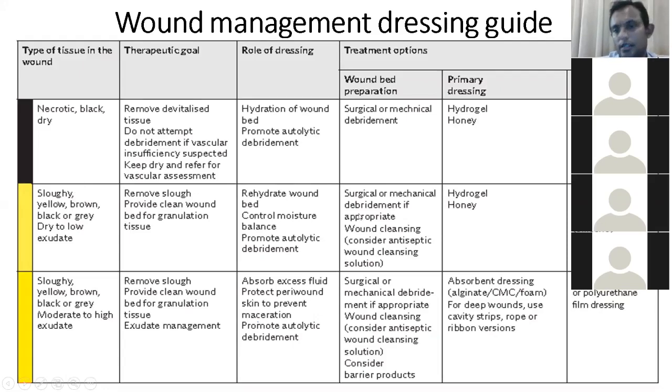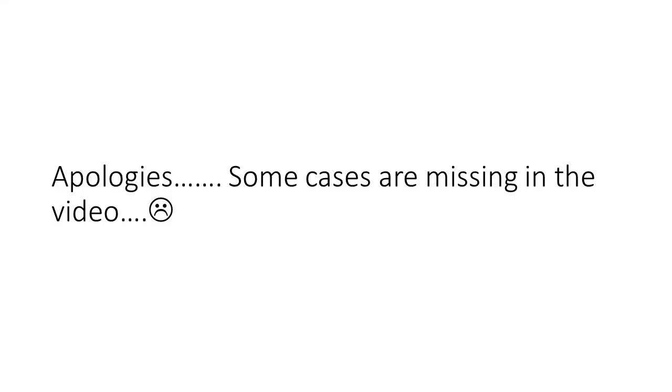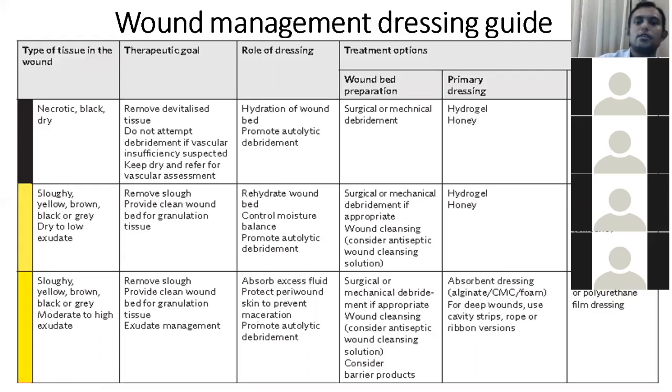These hydrogels and honey, and whatever gives a lot of moisture like hydrocolloid, are not superior to your surgical management, your sharp management. Then moderate to high exudate, sloppy. What do you do? You use an absorbent dressing, and that will of course promote autolytic debridement as well.